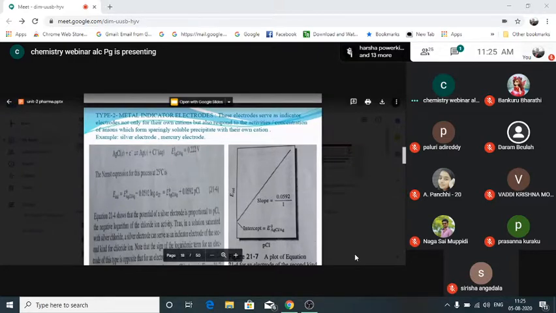Example: I am going to take a silver electrode, a silver rod, and dip this silver rod in AgNO3 solution. Connect the silver rod to the external circuit.